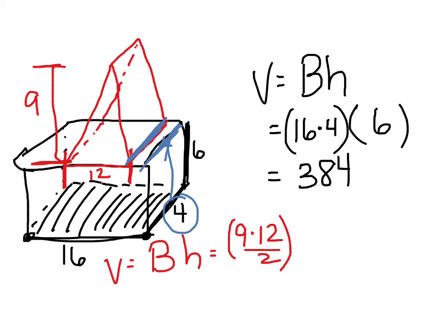And if that's 4 here, then it's also 4 there. So the height of the object is 4. So if I take 9 times 12 and divide it by 2, and then times it by 4, according to my calculations, I get 216.